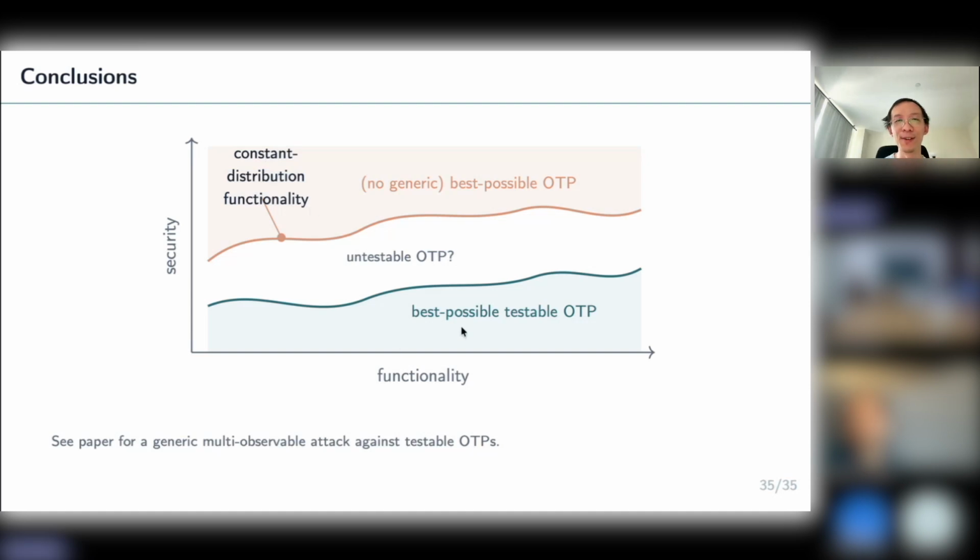And maybe to further motivate the study of untestable one-time programs, in our paper we also have a small side result where we show that you can carry out a generic multi-observable, multi-input attack against all testable one-time programs. And this attack doesn't seem to work on untestable one-time programs. So it seems that there is still something to do beyond testable one-time programs.